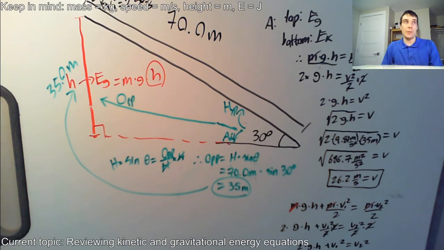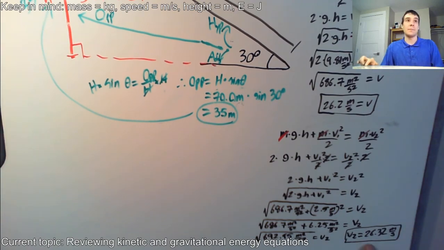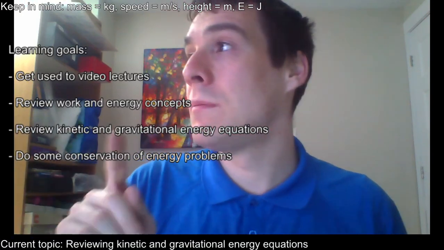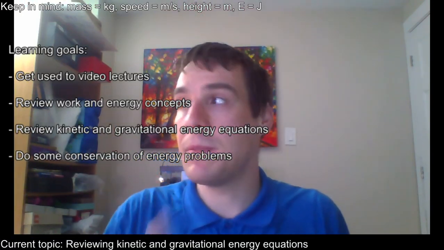I would lead you through each individual step, but it's still interesting to see just how little of an effect that starting sprint has on our skier's final speed. Let's jump back over to our learning goals. We reviewed kinetic and gravitational energy equations, and we did a conservation of energy problem.